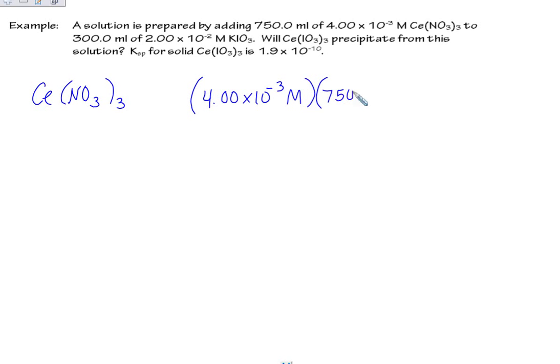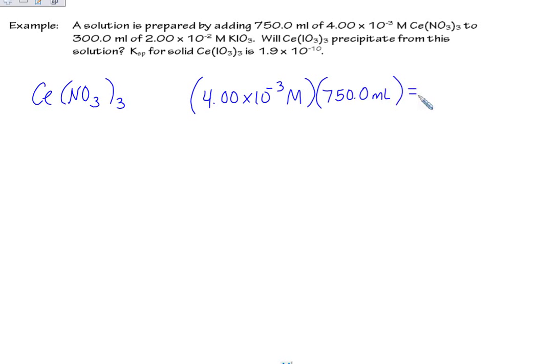So let's look at the cerium nitrate, and use M1V1. The original molarity is 4 times 10 to the negative third molar. The original volume is 750 milliliters.